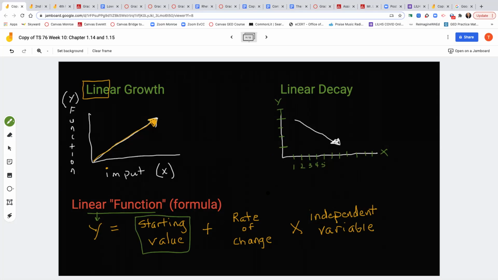So is it going up by 2 each time? Is it going up by 3 each time? Are we adding -3 each time? Okay. So plus the rate of change, okay, times, this is the times symbol, okay, times the independent variable, which means the x value, okay, which we'll get in a second.